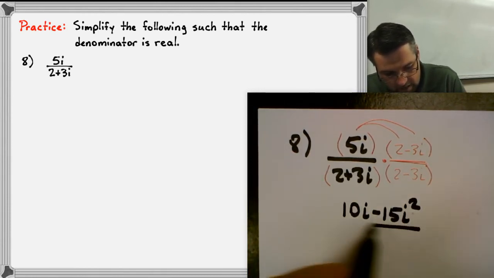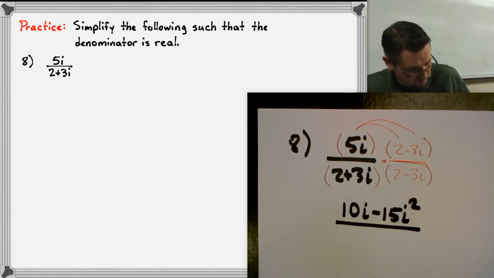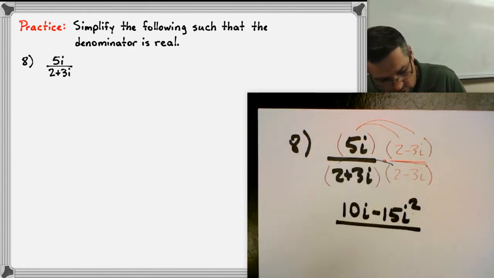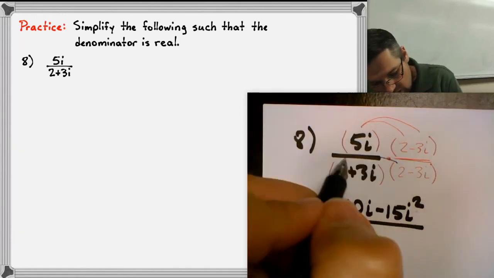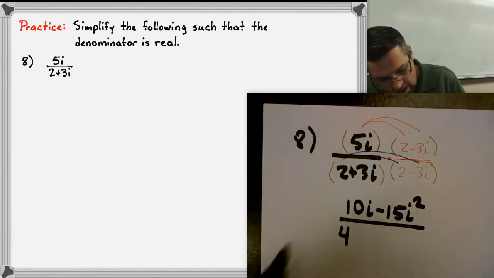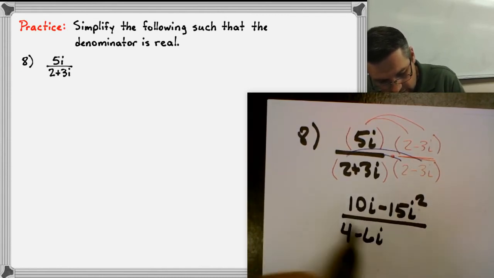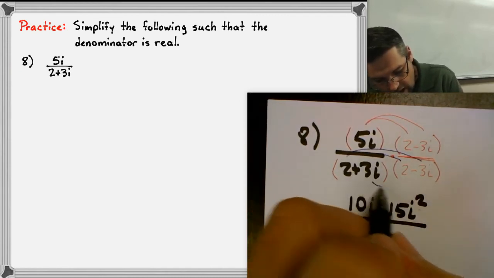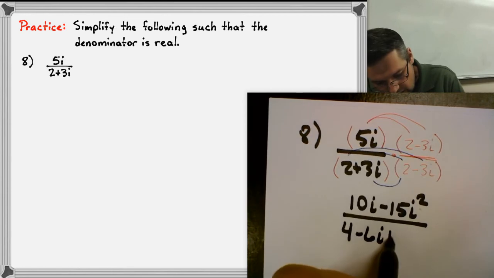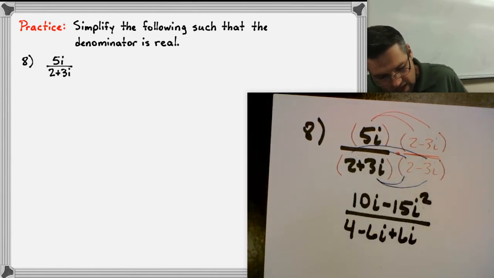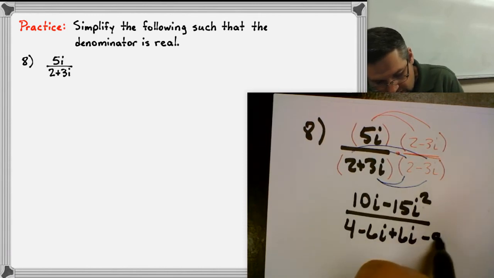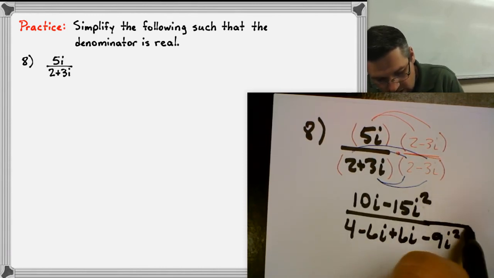And then on the bottom, we'll FOIL that all out. So 2 times 2 is going to end up being 4, and then 2 times negative 3i is negative 6i, and then the 3i times the 2 is positive 6i, and then the 3i times the negative 3i is negative 9i squared. Got to extend my line there.